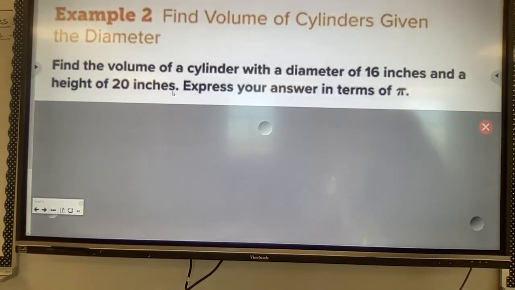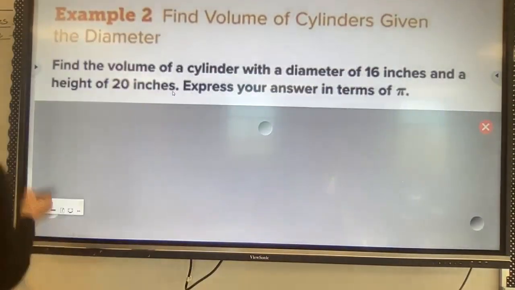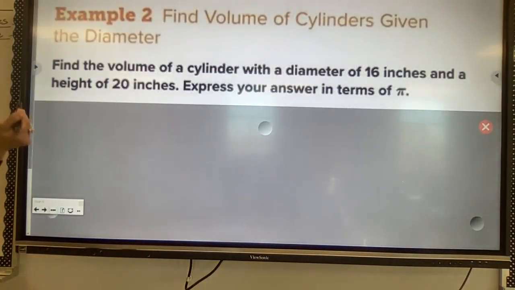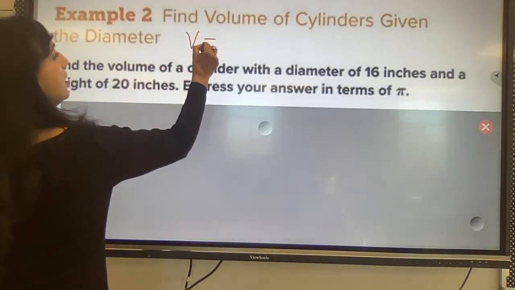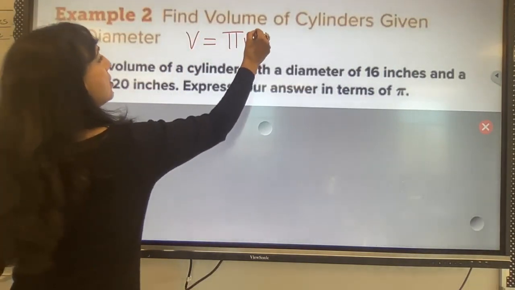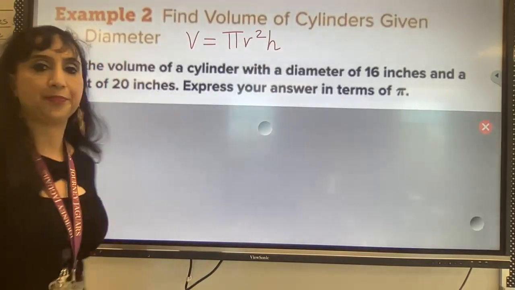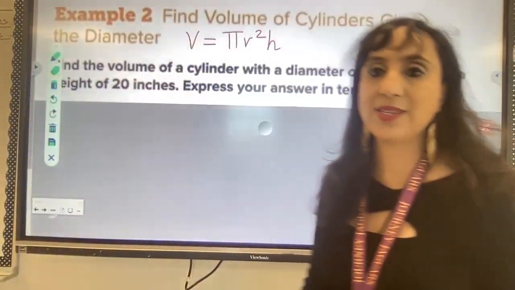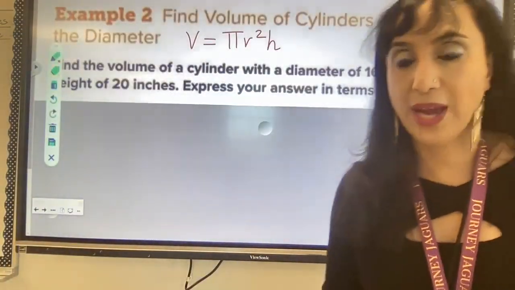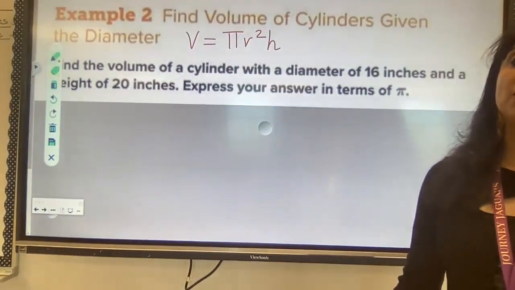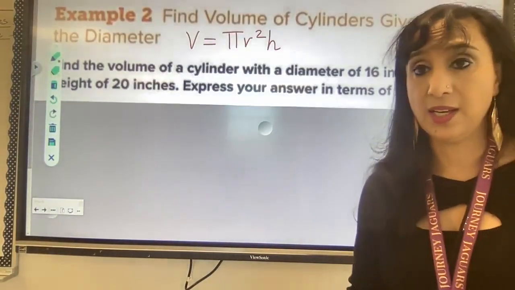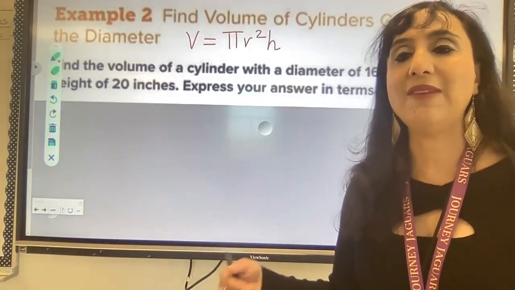Okay. Now, we know that the volume of a cylinder is pi r squared h. And we've got to leave our answer in terms of pi, okay? So now we know diameter is 2 times the radius because 2 radiuses give a diameter.